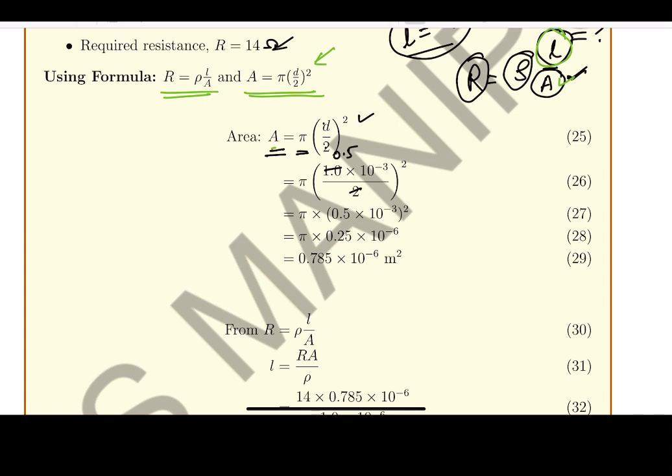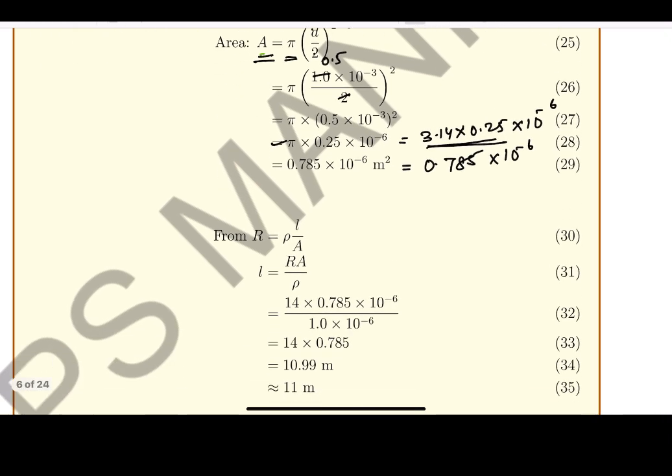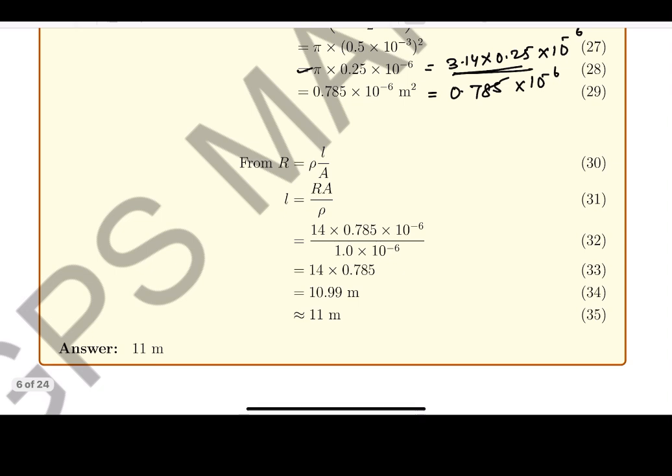You can put pi as 3.14 and multiply with 0.25 into 10 to the power minus 6. If I multiply these two, I'll get 0.785 into 10 to the power minus 6. So this is my area.